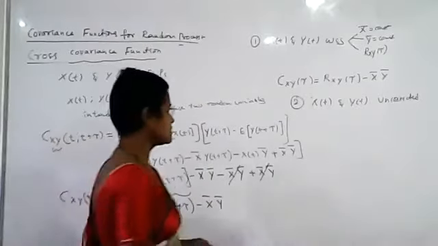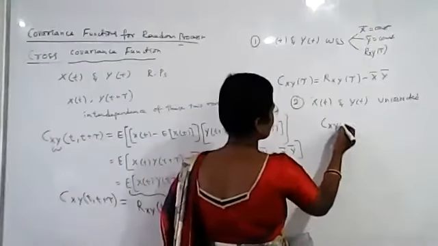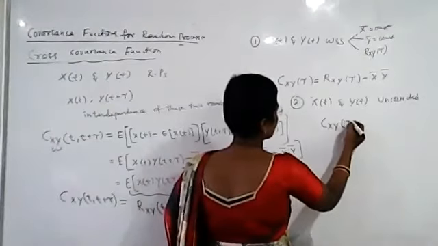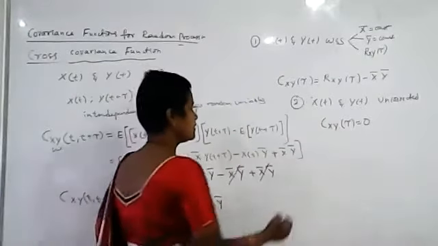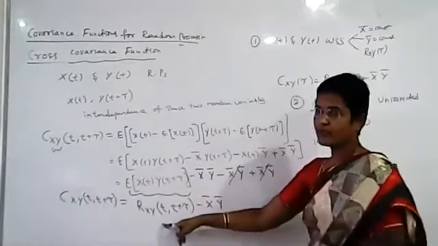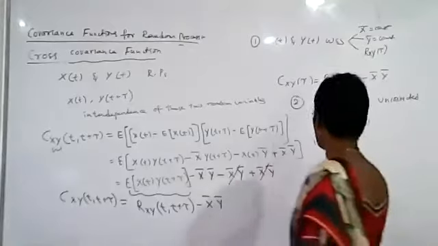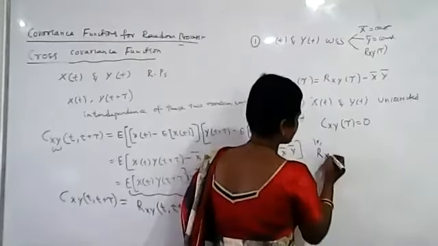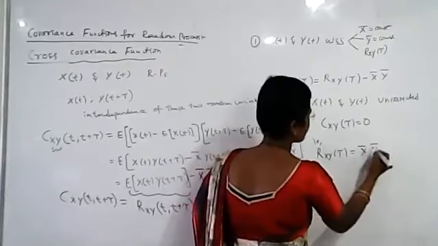Then the cross covariance will become 0. If you make it 0, we get Rxy of tau is equal to x bar y bar.